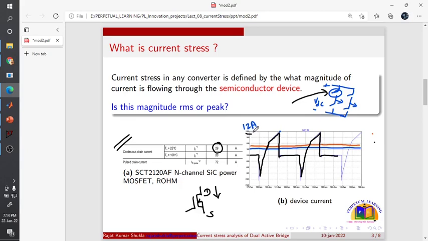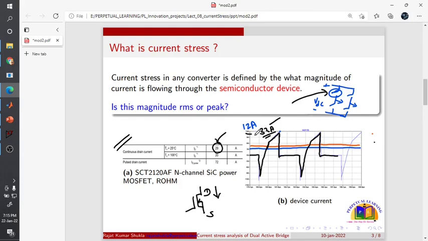Is it okay? The 29 ampere rating is available for the switch, but suppose the peak is going to 32 ampere, the current peak flowing through the switch. The data sheet shows a continuous current rating of 29 ampere.